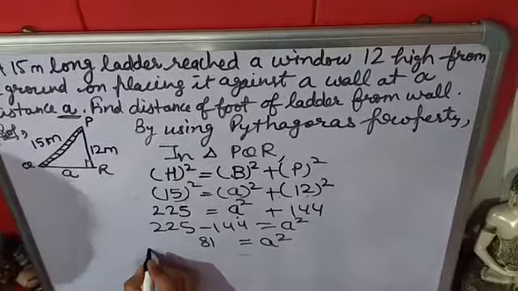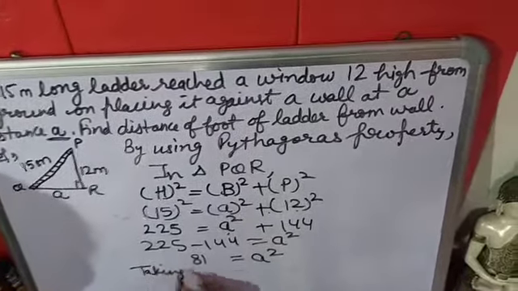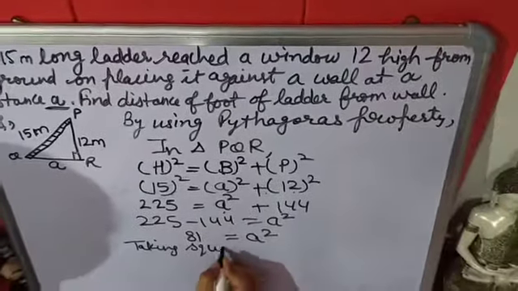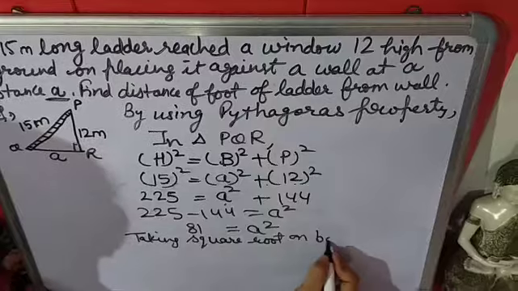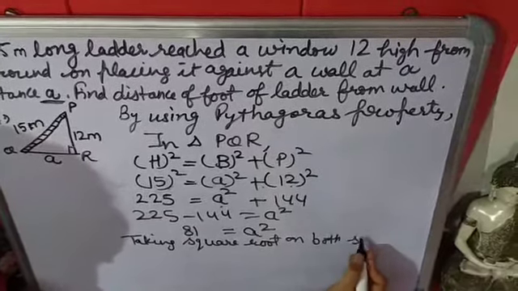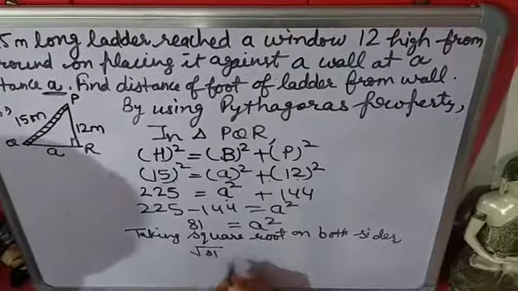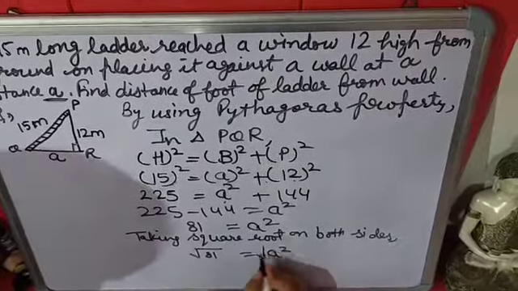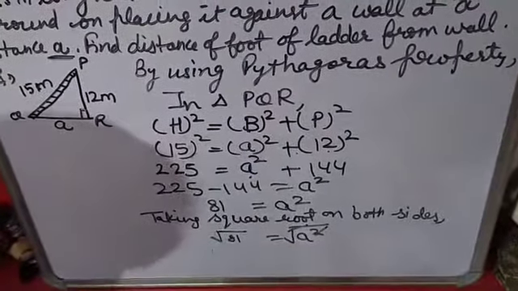Now again taking square root on both sides. So it will be square root of 81, and this A will also come under the square root, and this square and square root will cancel.